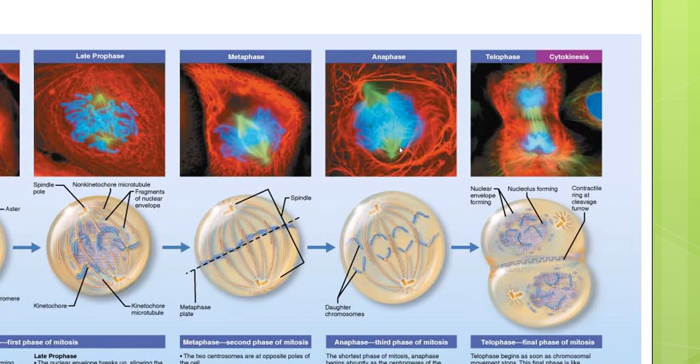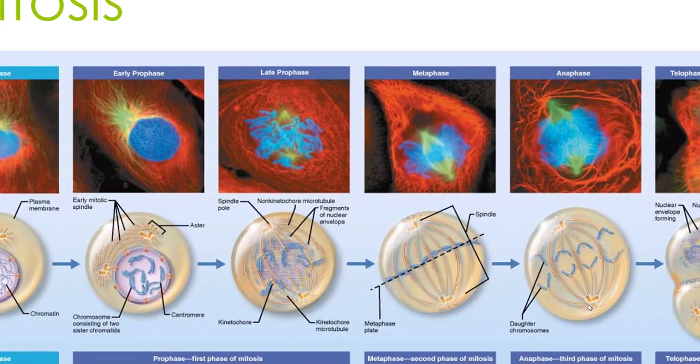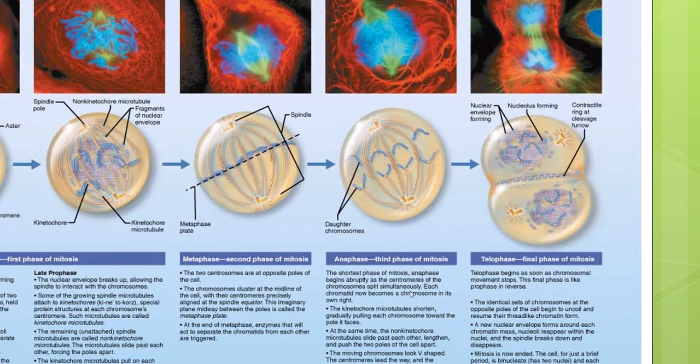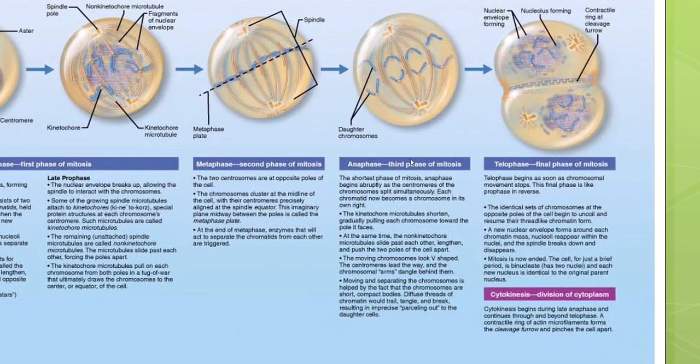You can see the cell is getting really long compared to what it was way back here. Once the sister chromatids are completely separated, we have two new daughter chromosomes identically going towards each end of the cell.